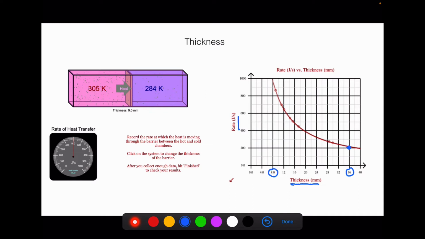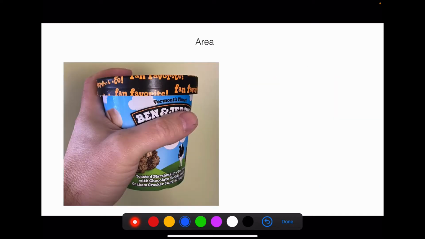And at about 8 millimeters, we had about 1,000 joules per second. Remember that although it might be convenient to measure in millimeters or centimeters, you have to work in meters when you do your calculation.